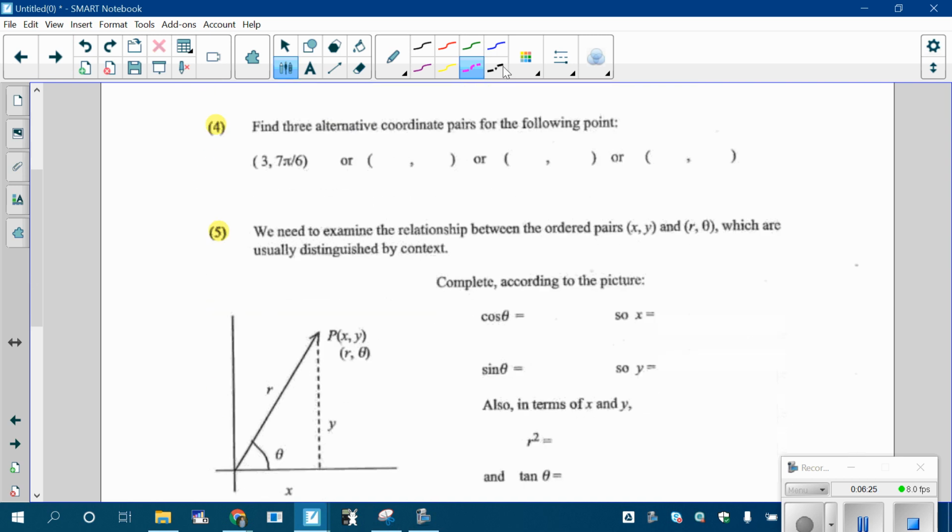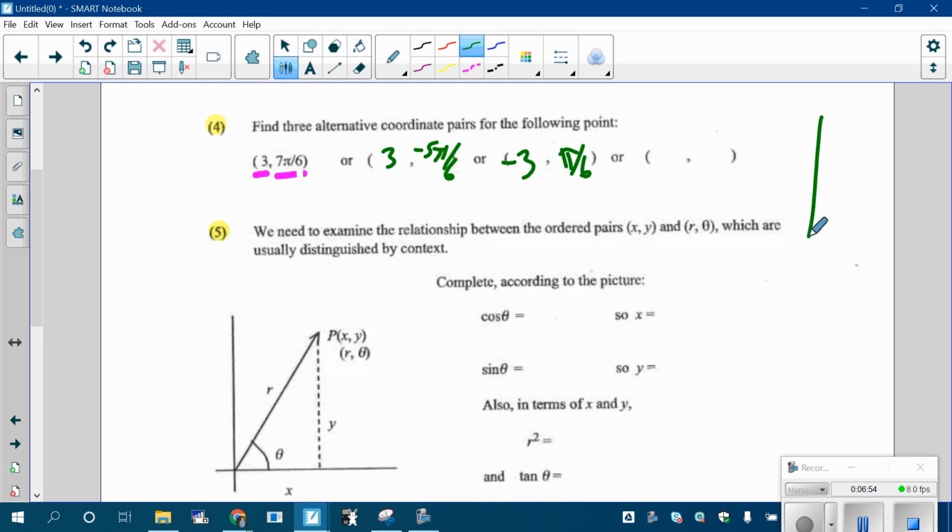Okay, and we can go through this really quickly. This is not the focus here, but if you have a point 3, 7 pi 6, there's a few different ways to also name that. You could say 3, negative 5 pi 6. Or how about this? Instead of going to 7 pi 6 and out 3, you could just go to pi 6 and go out negative 3.